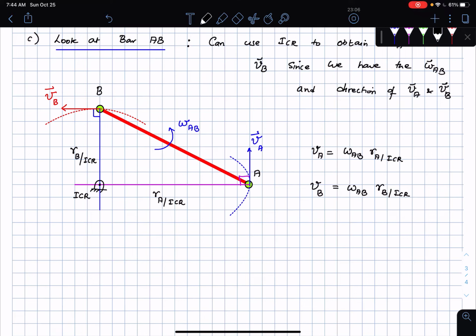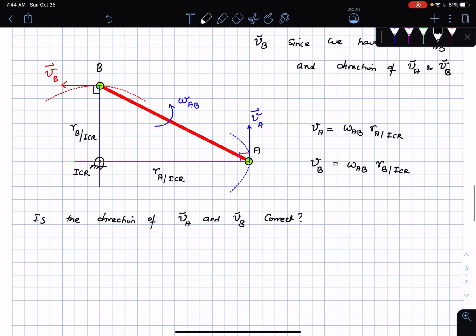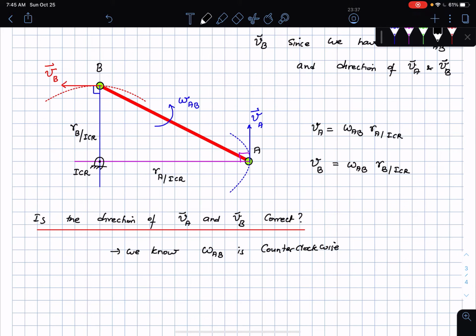So, is the direction of VA and VB correct? Here is what we do. We know the direction of omega AB: it is counterclockwise.